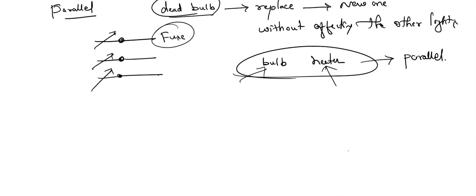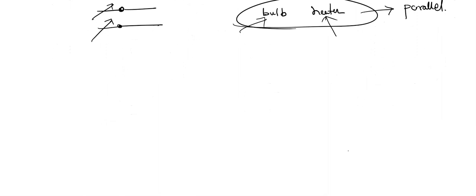I hope you can understand how exactly things are going to work. Is this clear? The total resistance in a parallel circuit is decreased. This will be helpful for us to work different gadgets at different operating conditions.